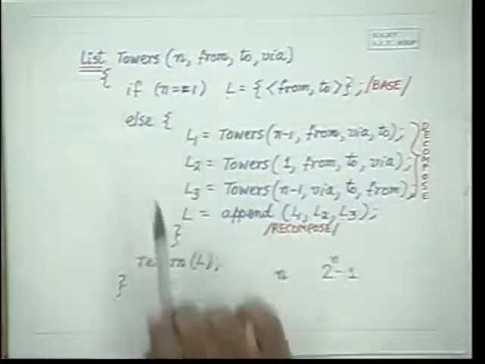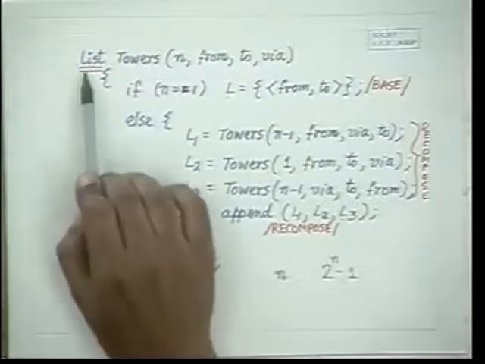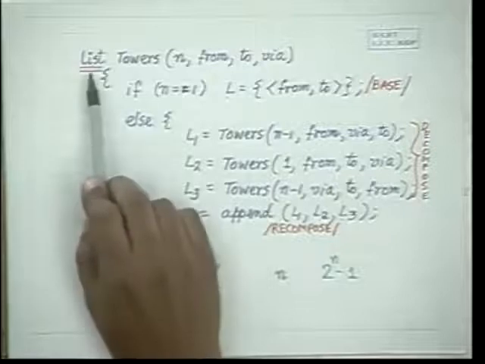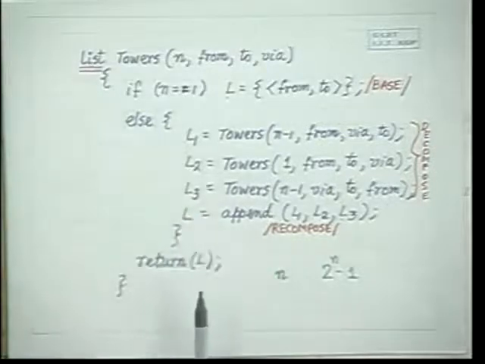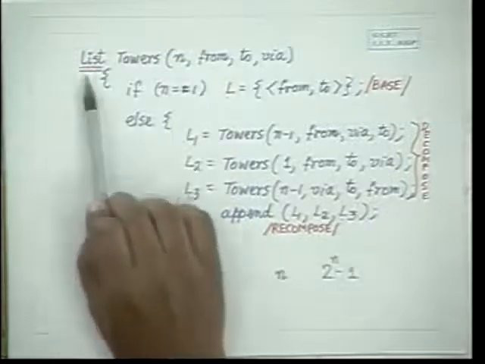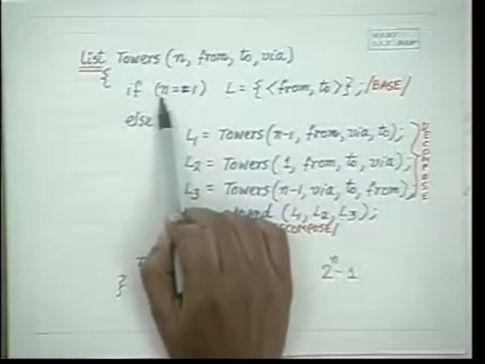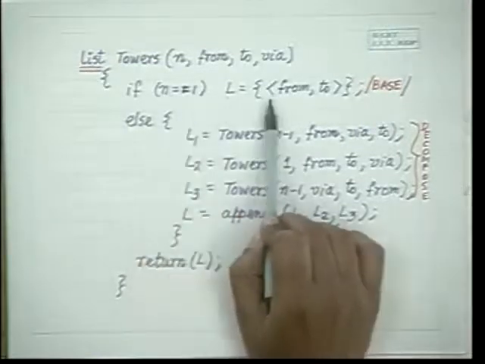Now I'll just take a different approach to using a list. Instead of using a list, I will just print the solution. I will not return anything. In Tower of Hanoi here, if n is equal to 1, it will just print from 2.